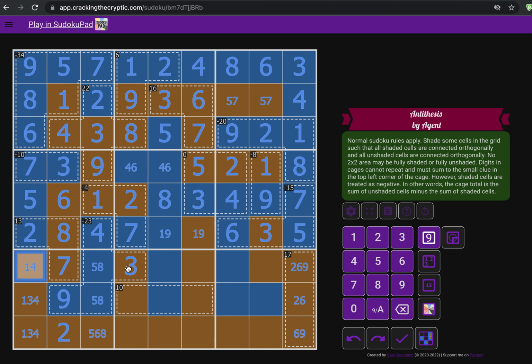Gosh, this puzzle is very resistant, isn't it? Really? So the last box here, 10. I'm probably just going to get away with putting in all the numbers here.